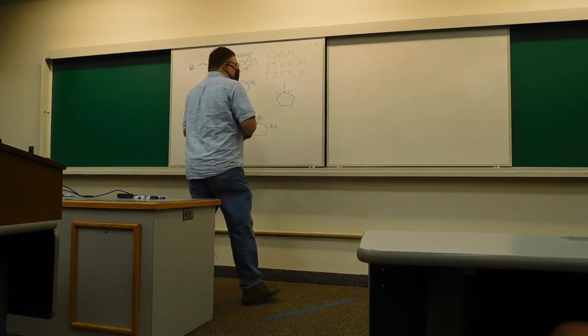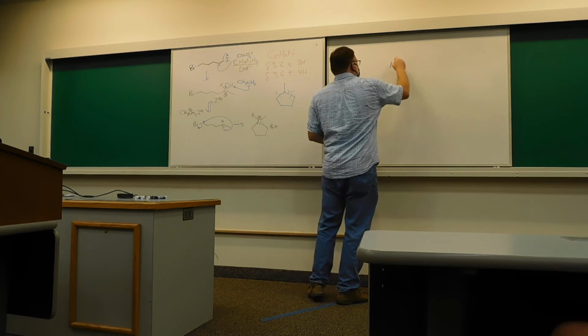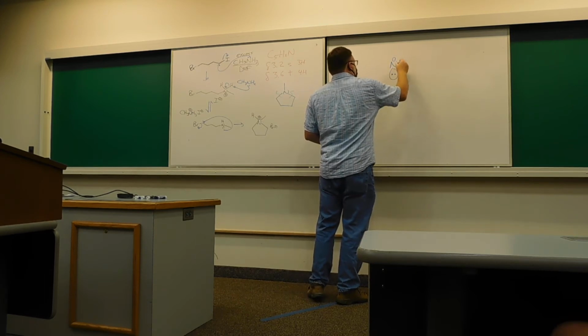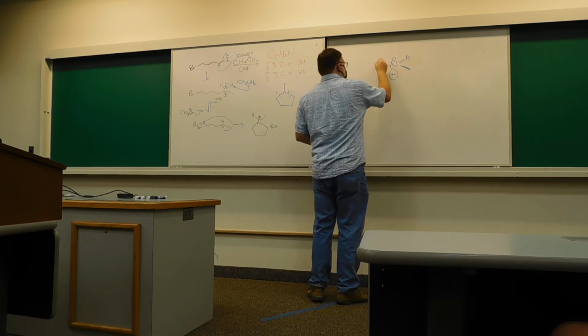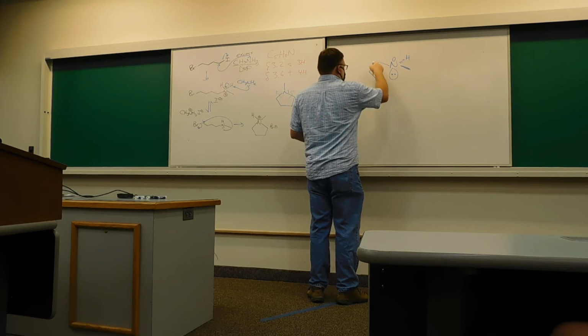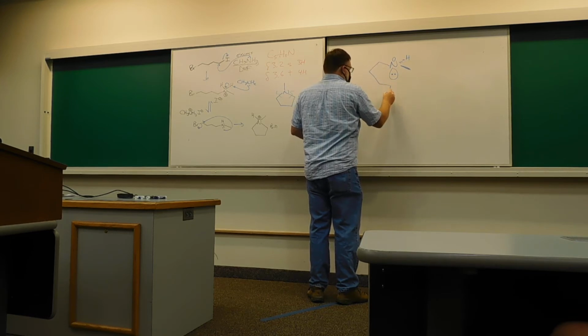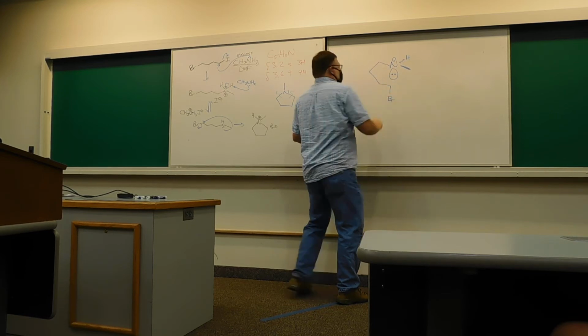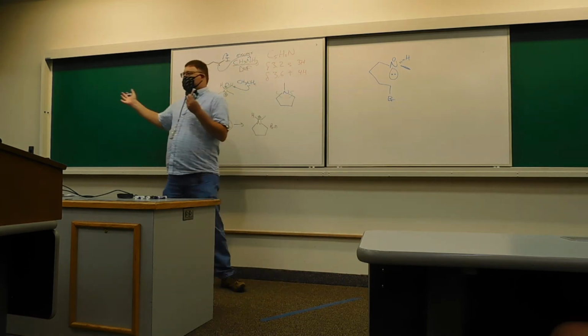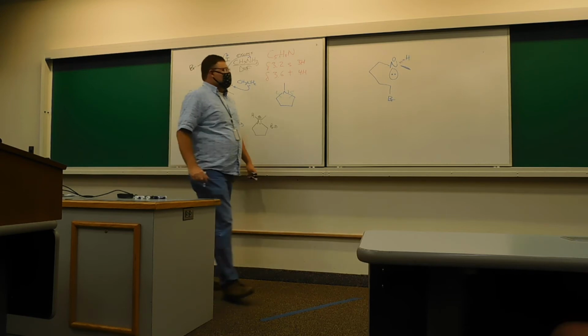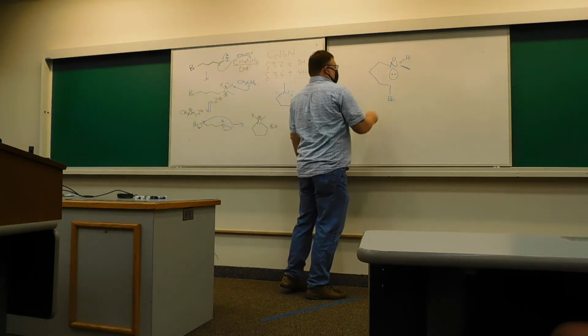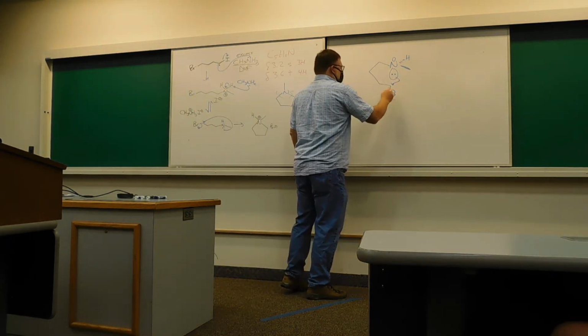If we actually draw that, all that has to happen is that arm with the bromide has to swing over, and then this is exactly where it needs to be, bang and bang.